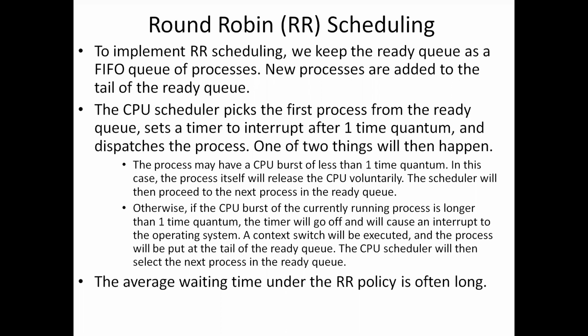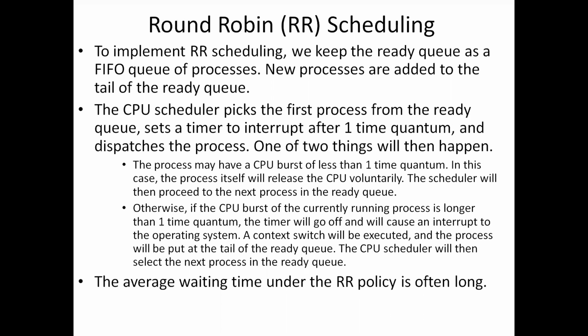Otherwise, in the other situation, the CPU burst of the currently running process is longer than the time quantum. If our time quantum is 4 milliseconds and my process CPU burst time is 10 milliseconds, the timer will go off and cause an interrupt to the operating system.